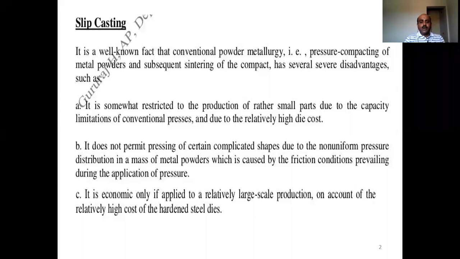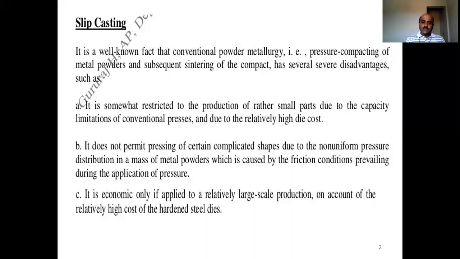It does not permit pressing of certain complicated shapes due to the non-uniform pressure distribution in a mass of metal powders, which is caused by the friction conditions prevailing during the application of pressure. It is economic only if applied to relatively large-scale production on account of the relatively high cost of the hardened steel.